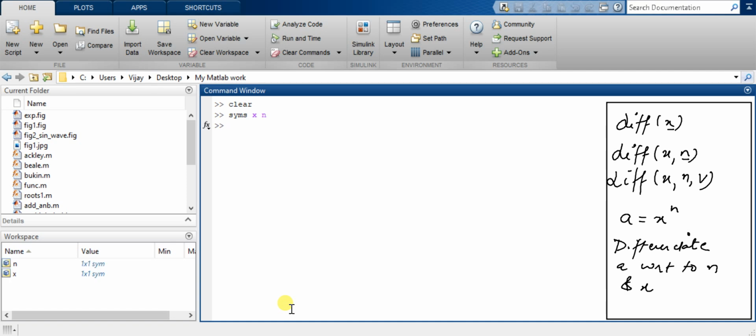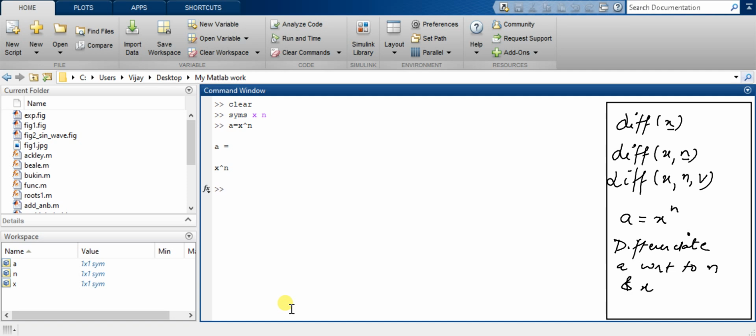When you hit enter, this will store x and n as symbolic objects. Now we define a equal to x to the power n, and when you hit enter, a will store x to the power n as an object. Now we can differentiate.